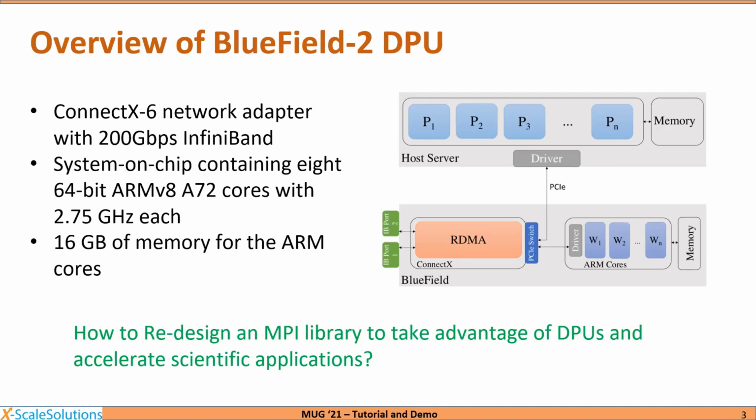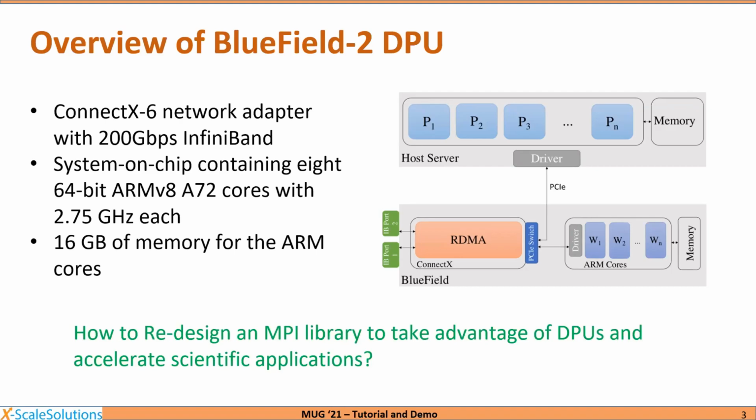The ARM cores are 64-bit ARMv8 A72 cores, clocked at 2.7 gigahertz each. That's the latest version from NVIDIA. And the memory attached to the ARM cores is 16 gigabytes.